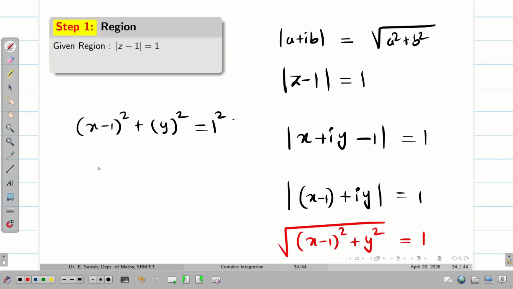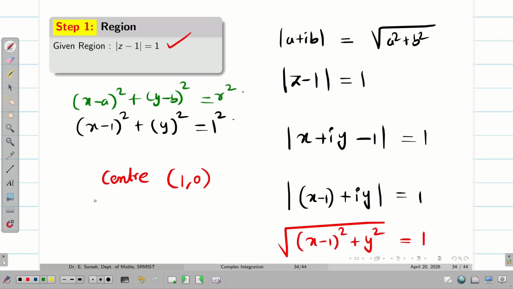Therefore, the given region, modulus of z minus 1 equal to 1, is a circle with center (1, 0), because the general form is (x minus a) whole square plus (y minus b) whole square equal to r square. There the center is (a, b). Here a is 1, b is 0 and the radius r is 1.